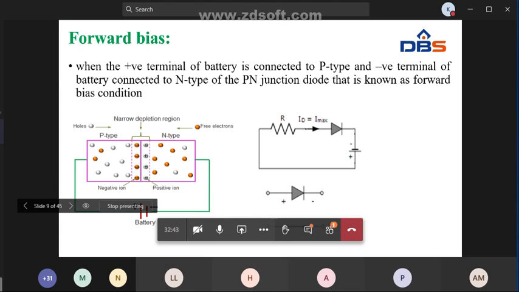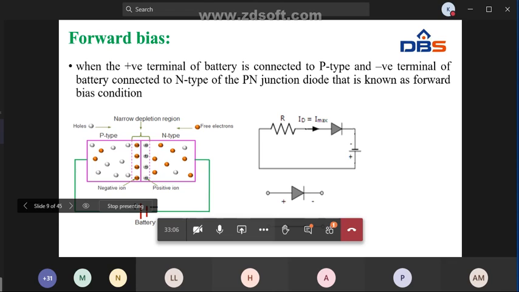It is a positive charge and the battery positive terminal contains a positive charge. So here we are having the same charge, and due to this same charge, the holes in the p-type material are trying to break this junction.